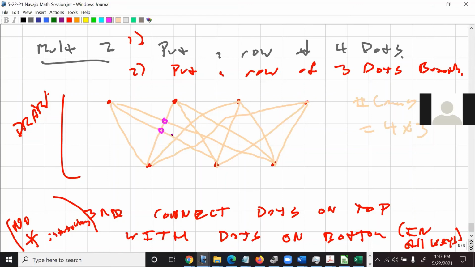My new product, I'm going to count the intersections of the dots. So count with me. Did I connect all the lines on top with all the lines on the bottom? I think I did. So now I've got 1, 2, 3, 4, 5, 6, 7, 8, 9, 10, 11, 12, 13, 14, 15, 16, 17. Am I missing one?